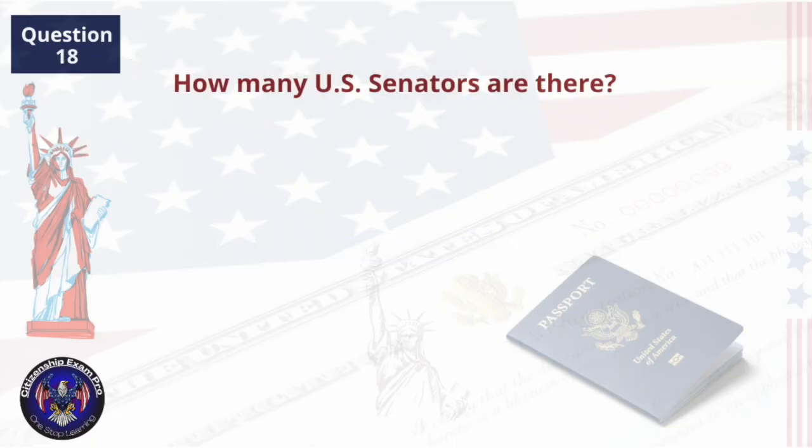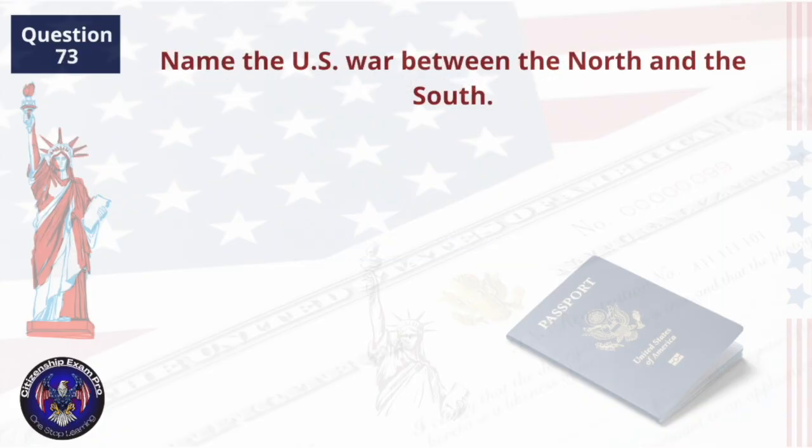How many U.S. senators are there? 100. Name the U.S. war between the North and the South. The Civil War.